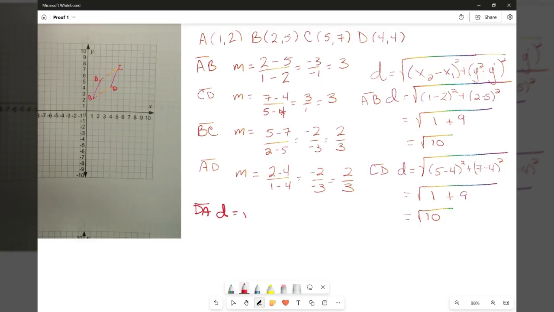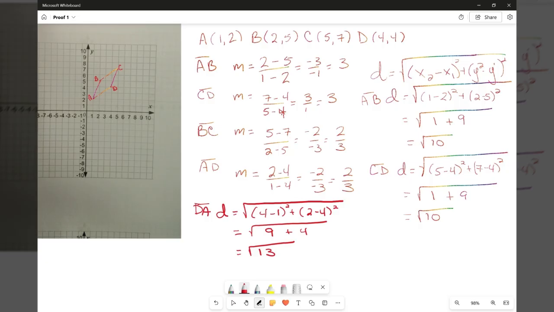So the distance is equal to D, we would do 4 minus 1 is A squared plus 2 minus 4 squared. 4 minus 1 is 3 squared is 9. 2 minus 4 squared is 2, which is 4. And that is the square root of 13. Oh, it doesn't look like it's a rhombus, does it?